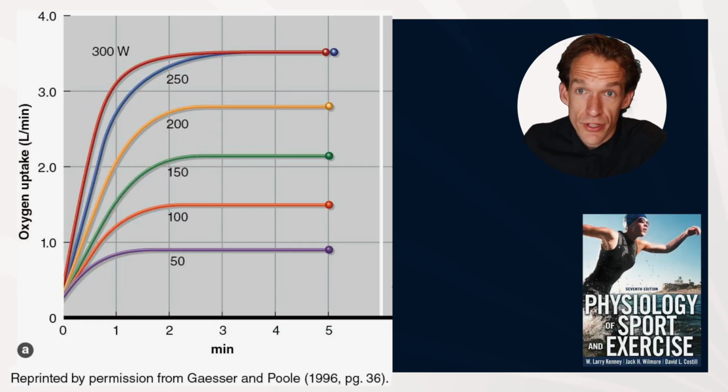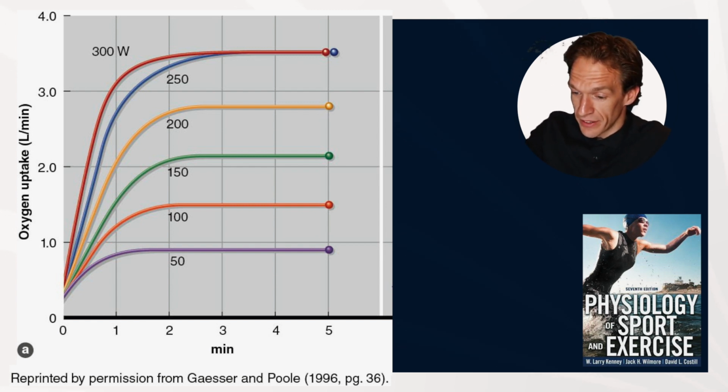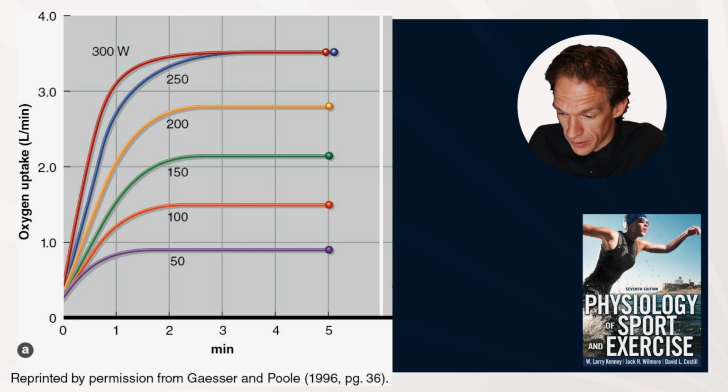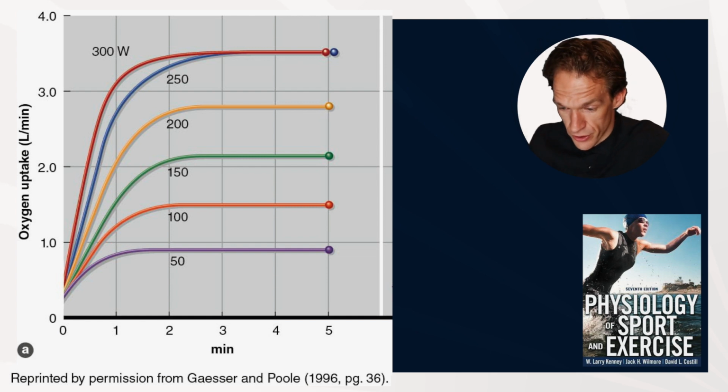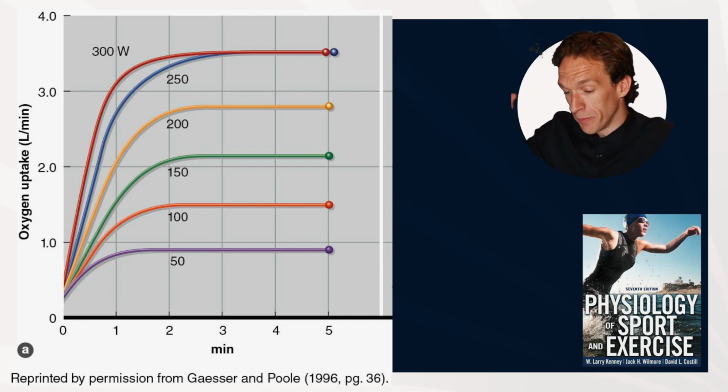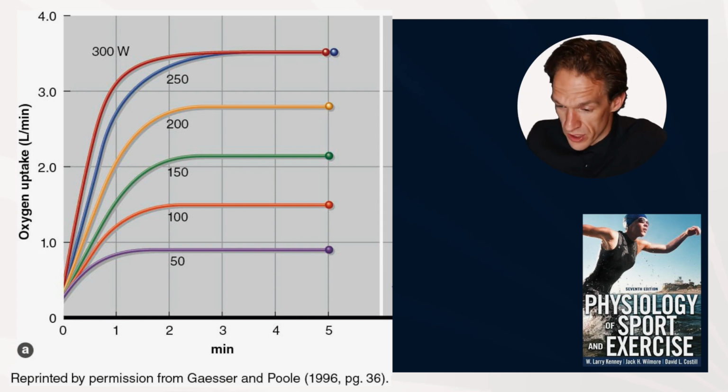See the response of the VO2, the oxygen consumption, in time, comparing different intensities. You can see at the bottom 50 watts, and as you see the intensity, for instance on the stationary bike, increase, you see that it takes a little bit more time, and also the steady state will be a little bit higher.